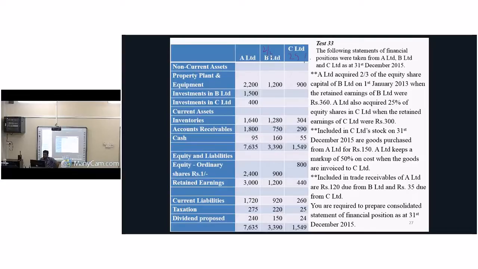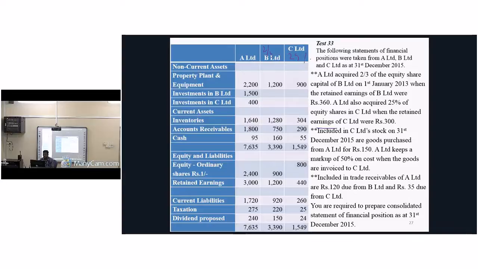Right. Second point: included in C Limited's stock, that means closing stock on 31st December 2015, are goods purchased from A Limited.